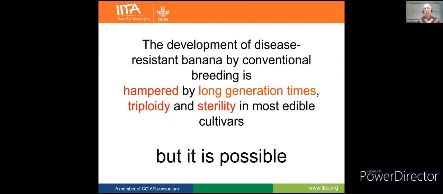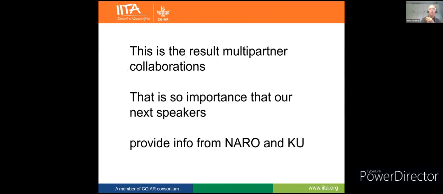I would say basically the pipeline is open to release on a regular basis more hybrids in the future. So breeding is possible, but it can only be done if it's part of a multi-partner collaboration. For sensory, for product profiling, for testing, etc., etc.